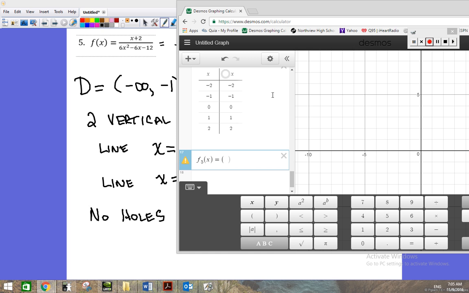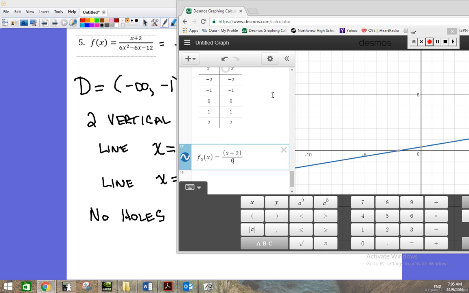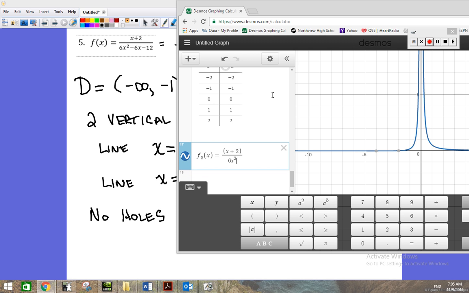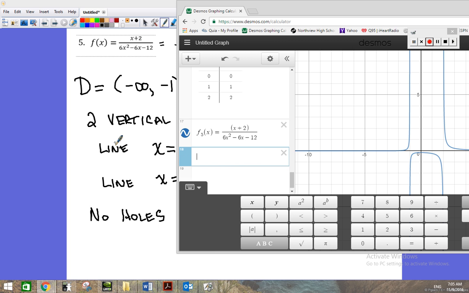I'll put parentheses around my numerator so it doesn't divide just by the second term, but the binomial is what's being divided. And in the denominator, I have 6x squared minus 6x minus 12. And so, yeah, it does appear that there are two vertical asymptotes.